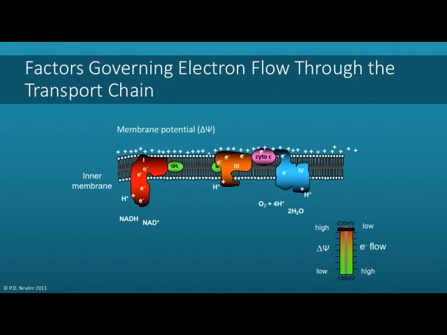What we're showing here, we've added a little diagram on the bottom right. This is how quickly electrons are moving through the electron transport chain, and what is the membrane potential. So if there's low flow, we have a very large membrane potential. If there's high flow, then the pressure is released.